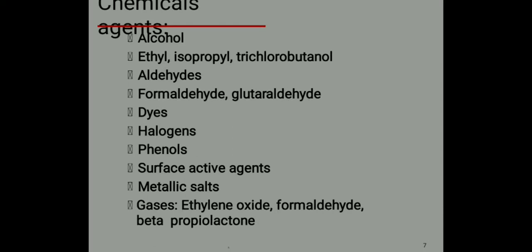Next we have chemical agents like alcohols, ethyl and isopropanol, tetrachlorobutanol, aldehydes, formaldehyde, dyes, halogens, phenols, surface active agents, metallic salts, and use of gases like ethylene oxide and formaldehyde.